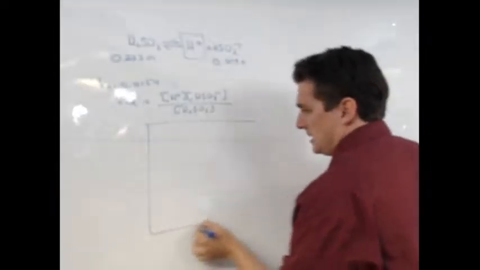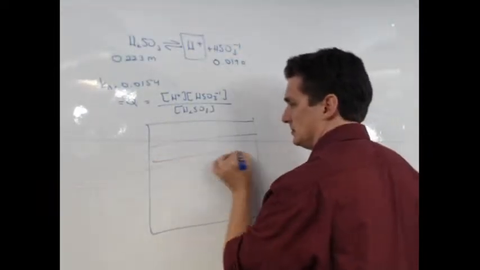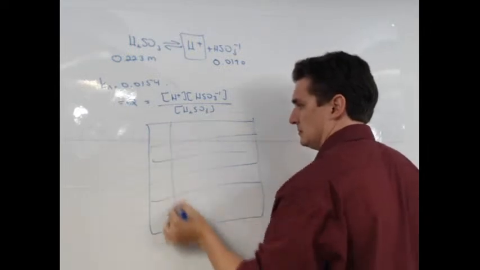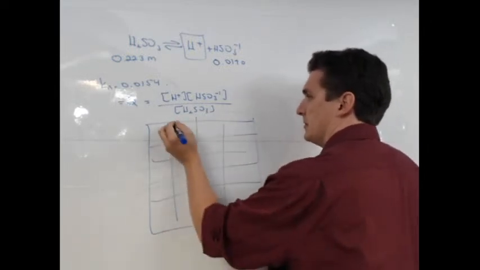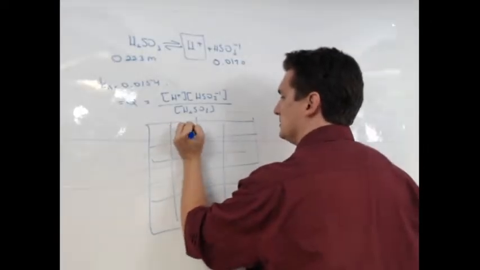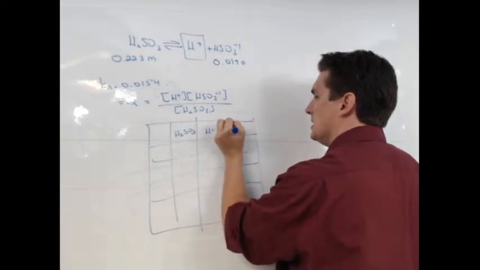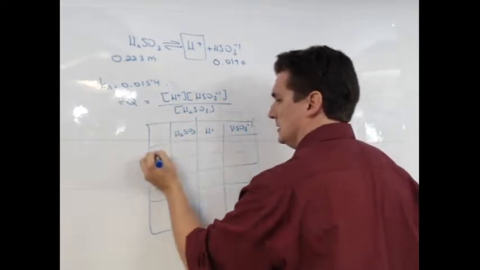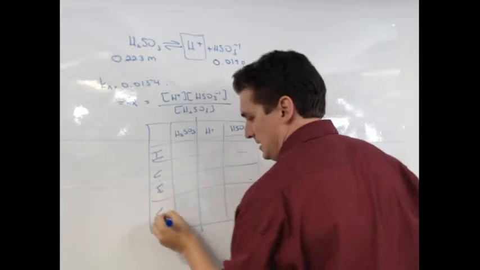So if we build our IC table, we have H2SO3, H+, and HSO3-, with initial, change, and equilibrium rows.